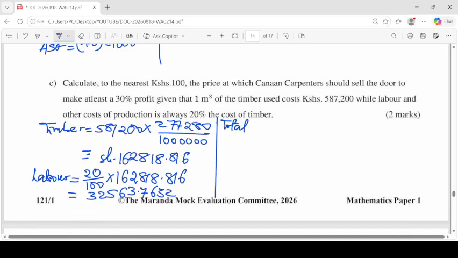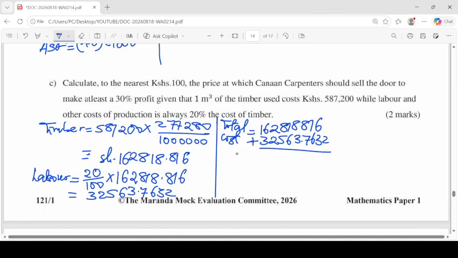The total cost, we take the cost of the timber, which is 162,818.816 plus 32,563.7632.